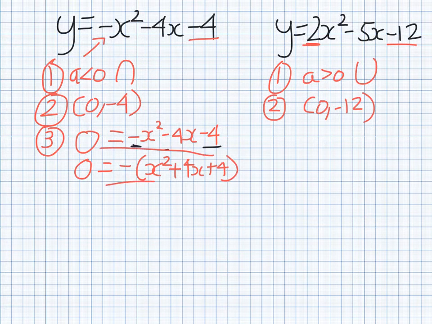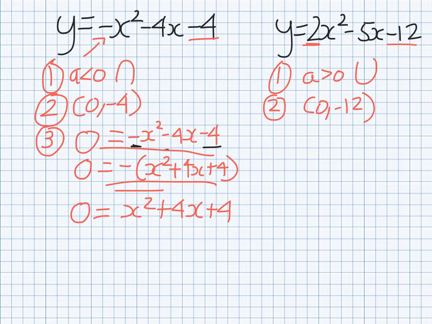I just changed the sign of everything and put a minus sign out the front. This expression here and this expression here are exactly the same. So I can solve this bottom one, which is a little easier to solve. If 0 equals minus something, then that something must be 0. In a sense, I'm dividing each side by minus 1. So it is okay, when you've got an equation and one side equals 0, to just change the sign of everything when you're solving.